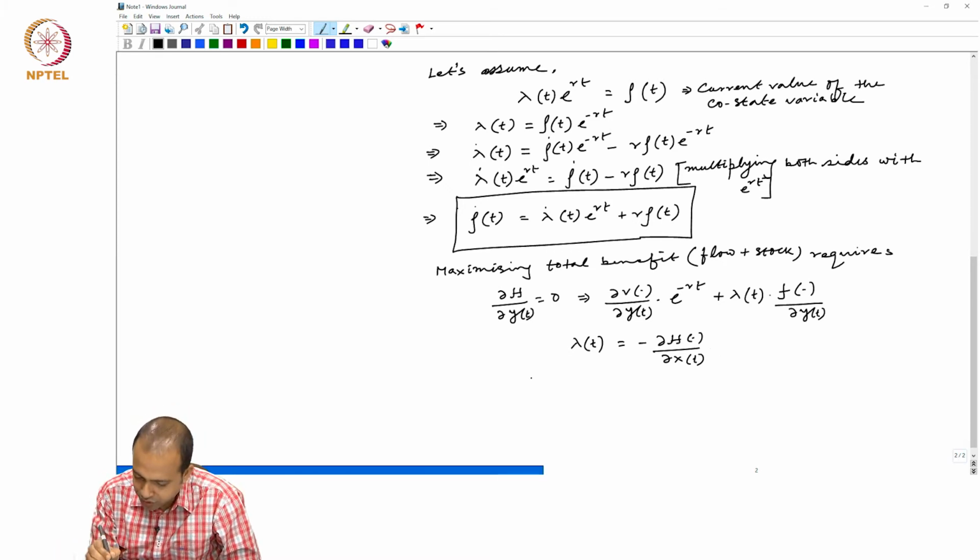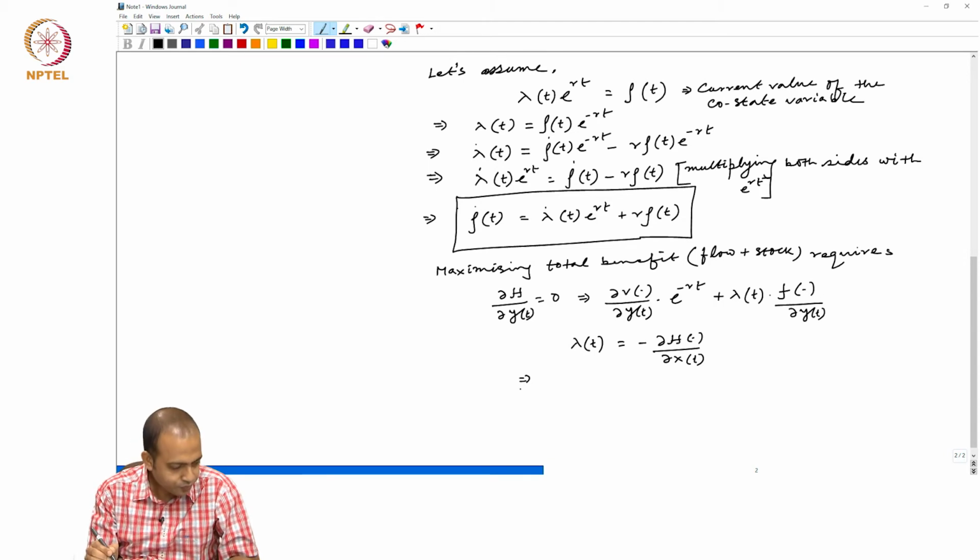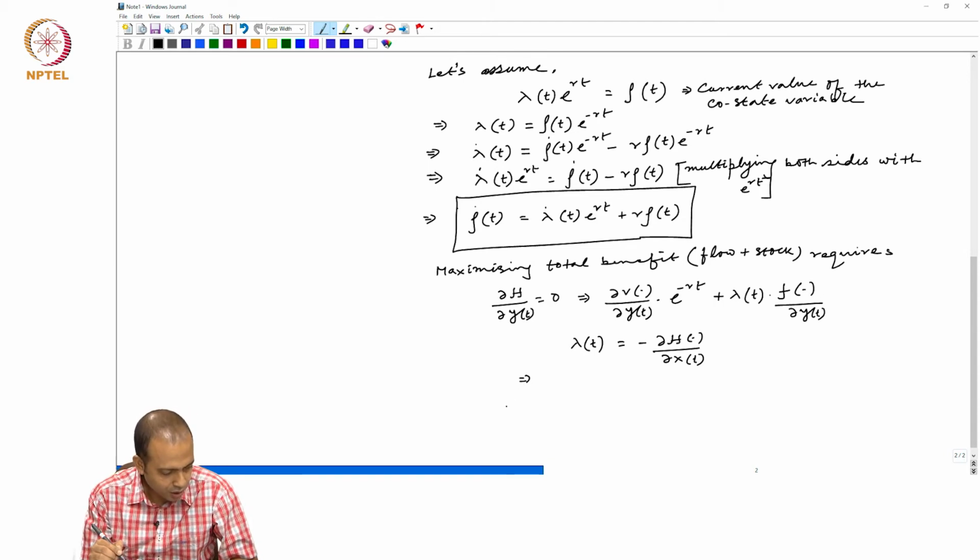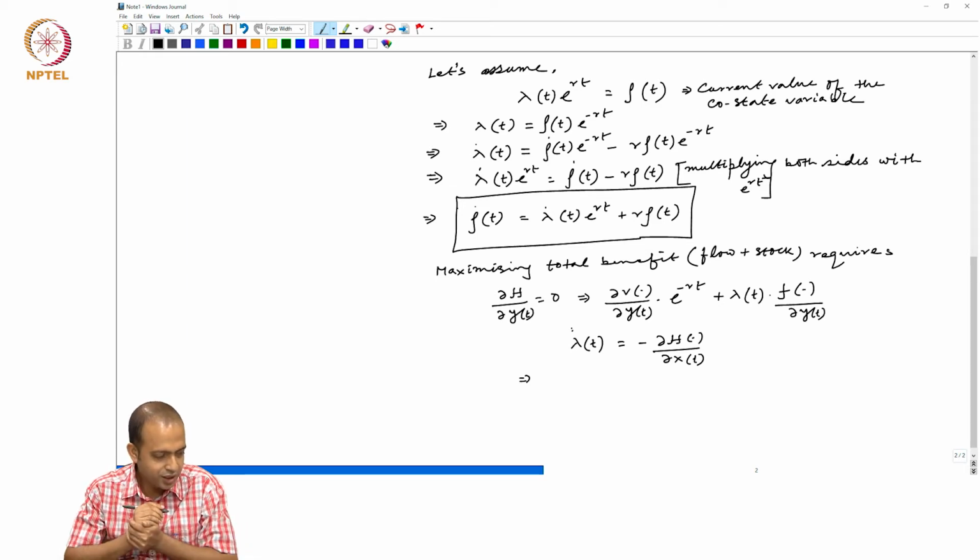So, that means from here if we differentiate this, sorry, delta lambda dot t equals to minus del h dot del xt. Okay.